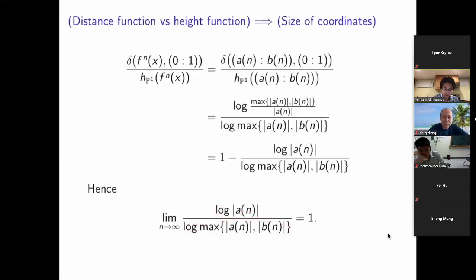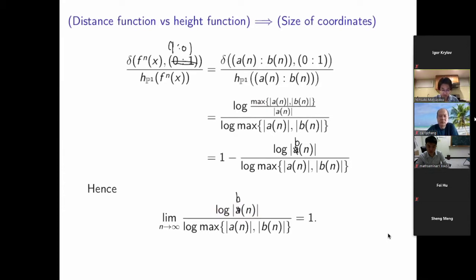And instead of plugging in 0, 1, we can also plug in 1, 0. Then we get B here. So we have two ratios that both go to 1, and so that concludes that actually log of a_n and log of b_n are asymptotically the same. So this is a proof.